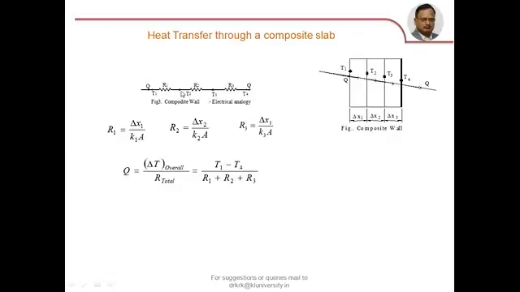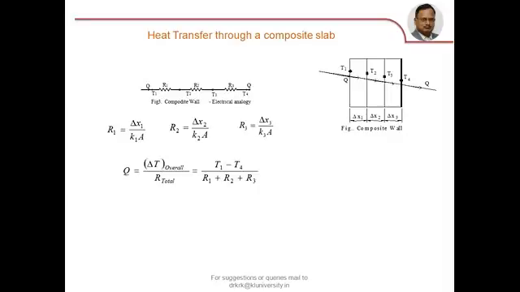Q is equal to delta T, T2 minus T3, by resistance offered R2. Similarly, if you want to write an expression for Q between T3 and T4, can you imagine Q equal to T3 minus T4 by R3.